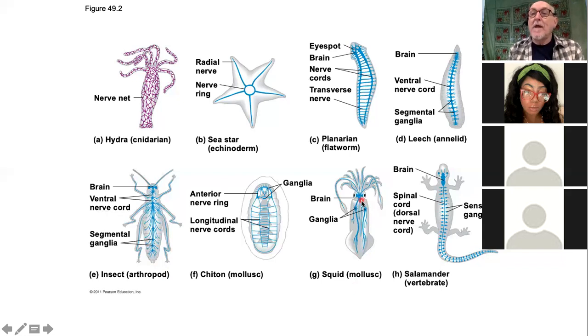You probably know this can reach really high levels of development in mollusks such as the cephalopods, the squid, octopus, these sorts of things. There is a quite large brain which is capable of extensive analysis and extensive amounts of learning.